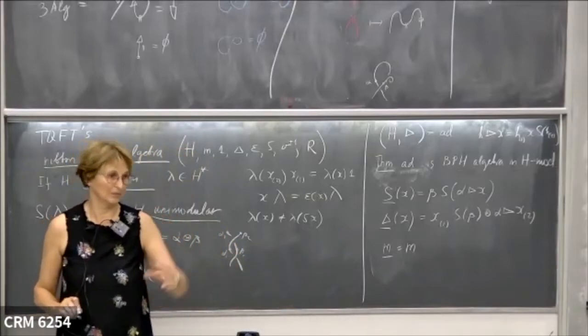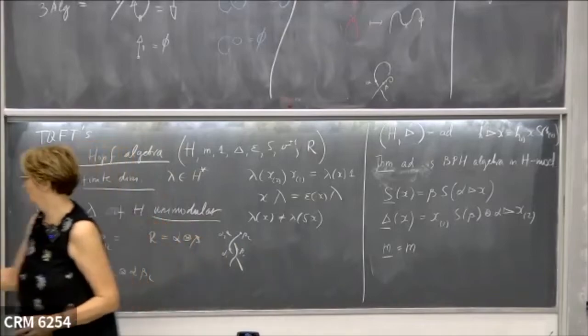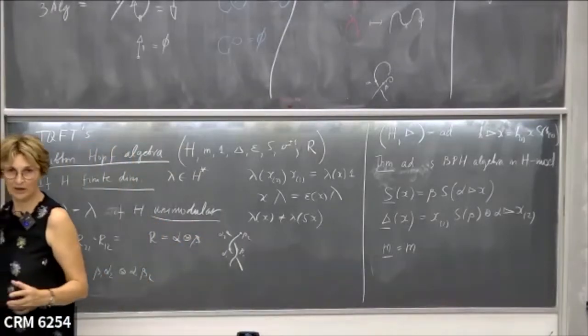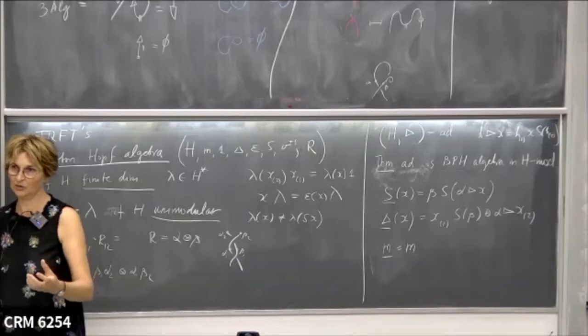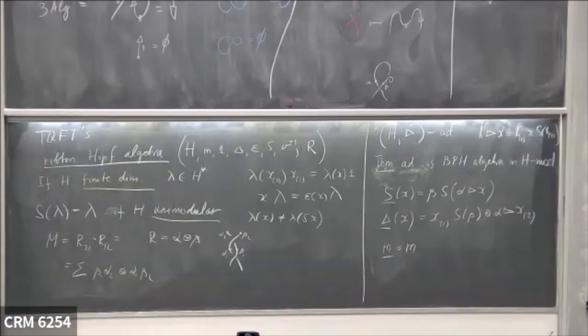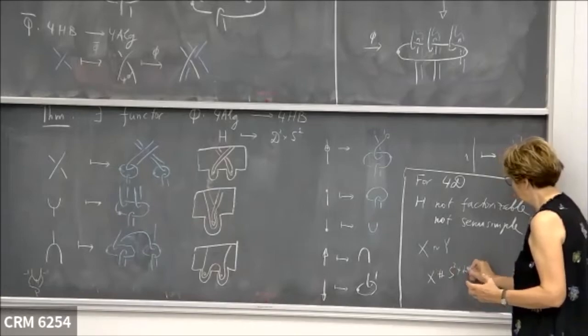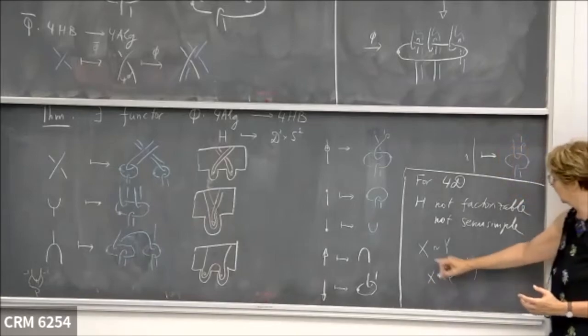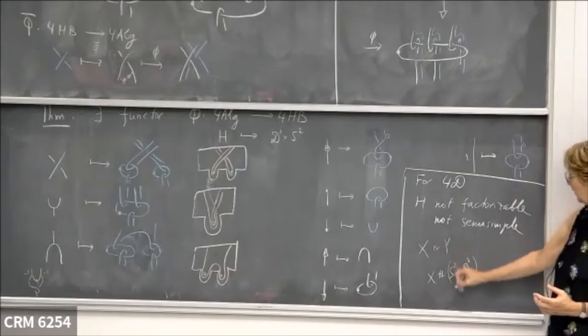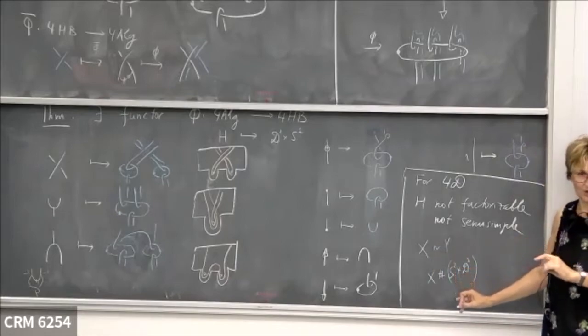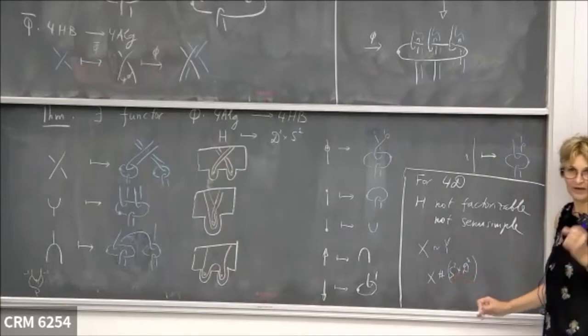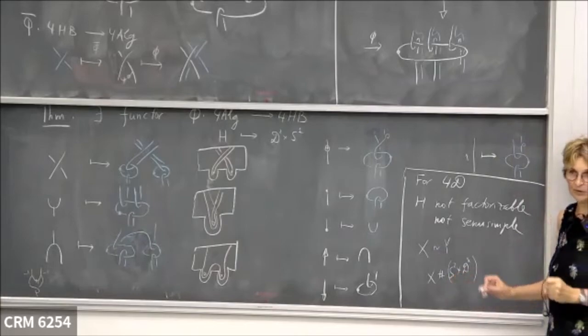If it's semi-simple, then it cannot see any difference between two-deformation and diffeomorphism. I don't so much want to explain this now. Basically there is some stabilization. If you have two manifolds X and Y which are diffeomorphic, then there is some boundary connected sum with some S2 times D2 a few times. So you stabilize X, you stabilize Y, and they will be two-deformation equivalent. Basically, this is just a result of adding 3-handles.